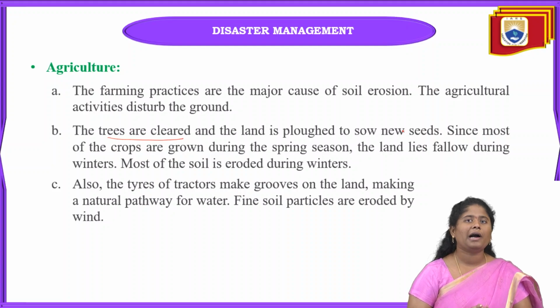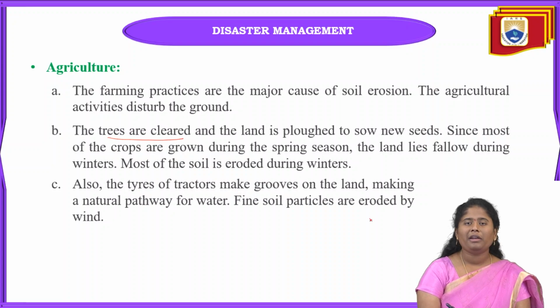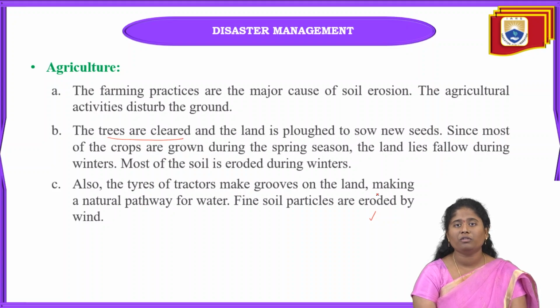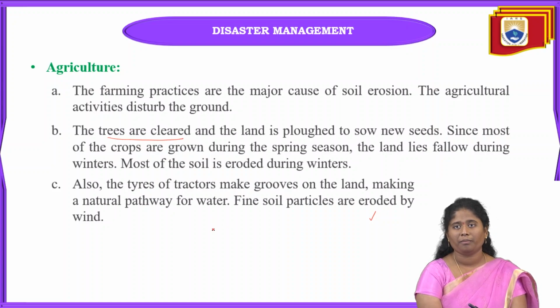What will happen is that at that time most of the soil can be eroded during the winters. If our agricultural field is full of crops, the soil cannot be eroded, but in winter season soil erosion can be seen frequently. Also, when we are plowing the land for agricultural purposes using vehicles like tractors, that will also make a natural pathway for water.